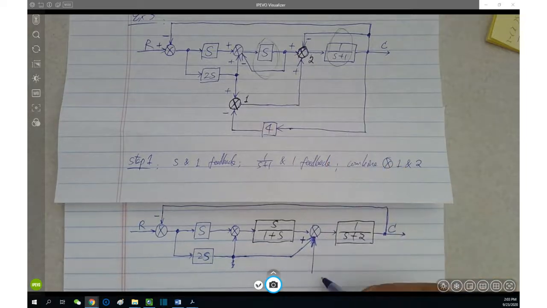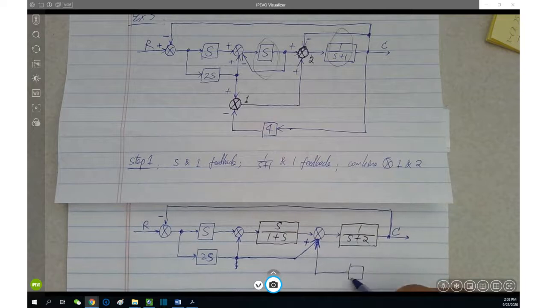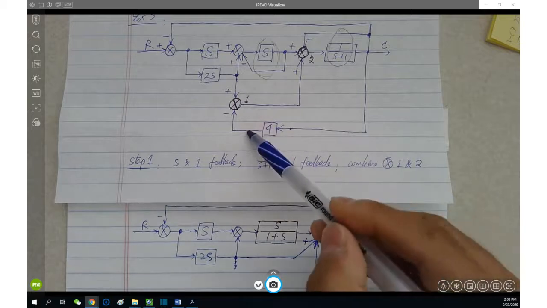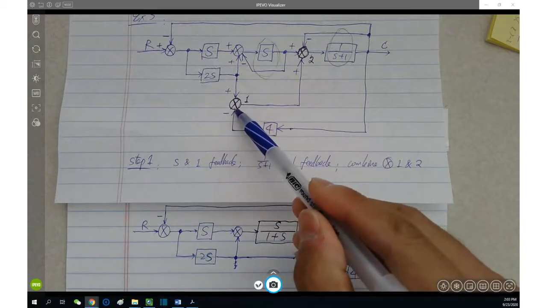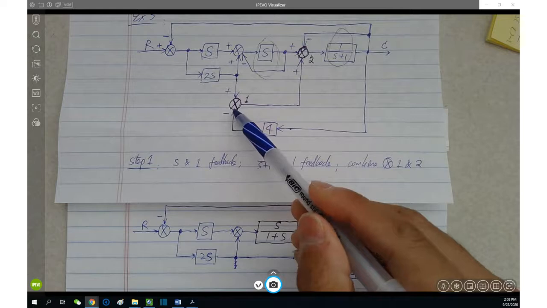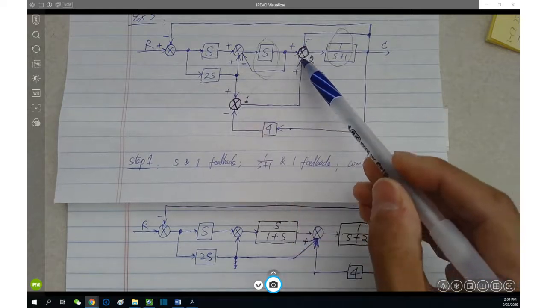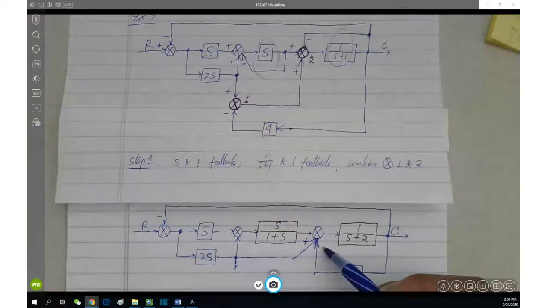So this signal, the output of the 4, should be positive or negative here? This signal goes into summing junction 1 with a negative sign in front of it, and then combined with summing junction 2 was positive. So what is it? Positive or negative?